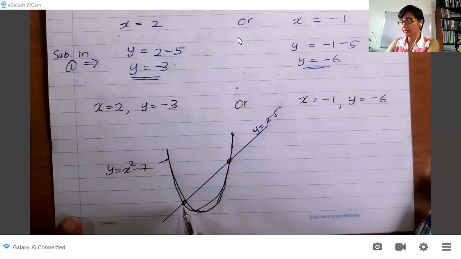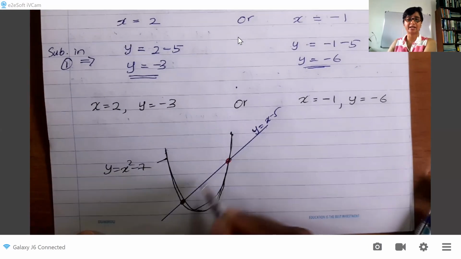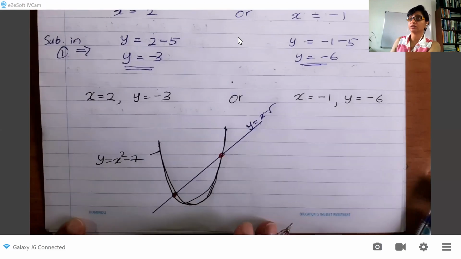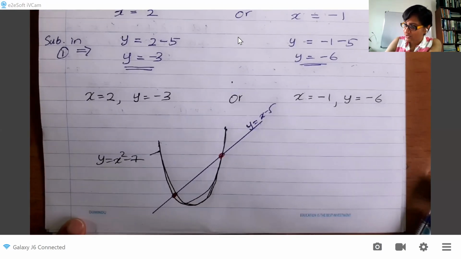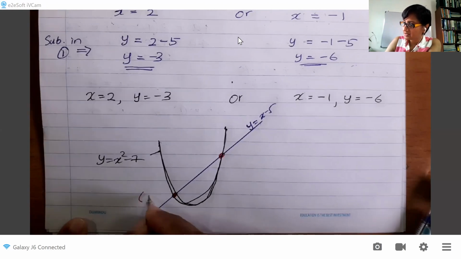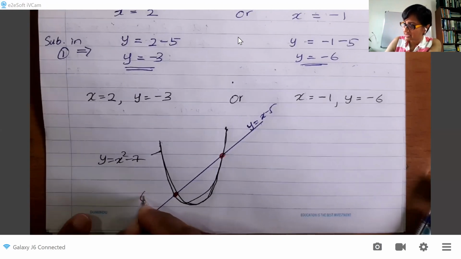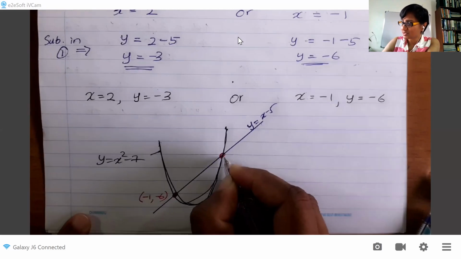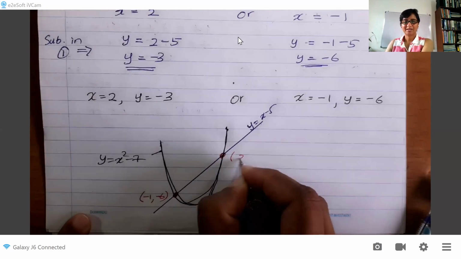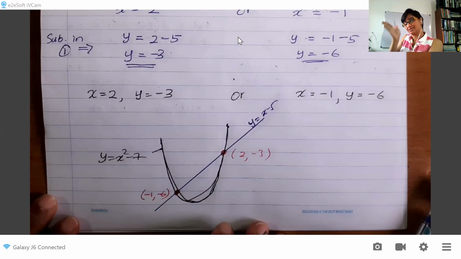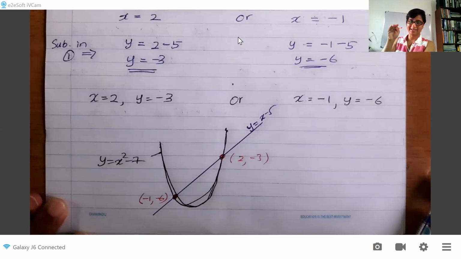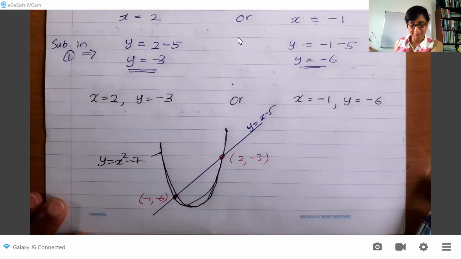These are the only 2 points that lie both on the parabola and the straight line. So this has to be -1 comma -6. This is 2 comma -3. Those are the only xy values that fit both the line and the parabola, because those are the only 2 points that are on both of them.